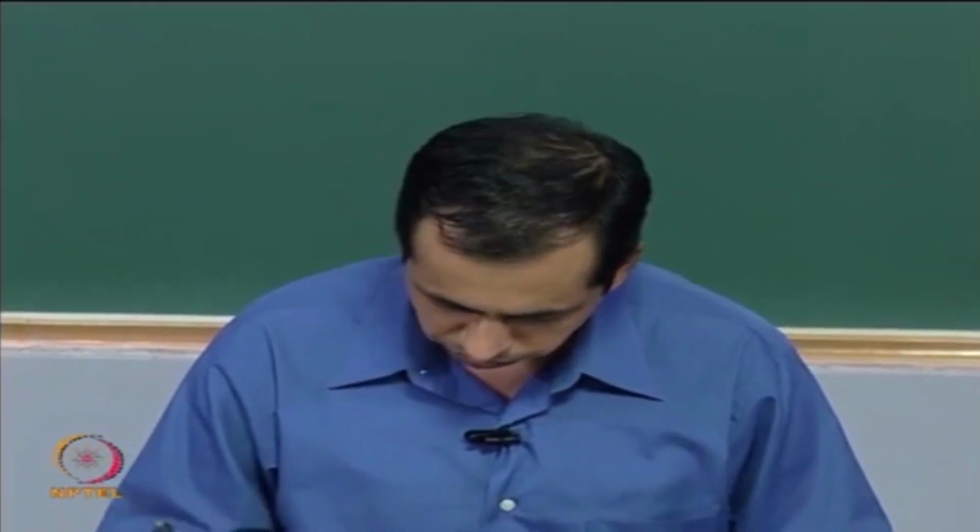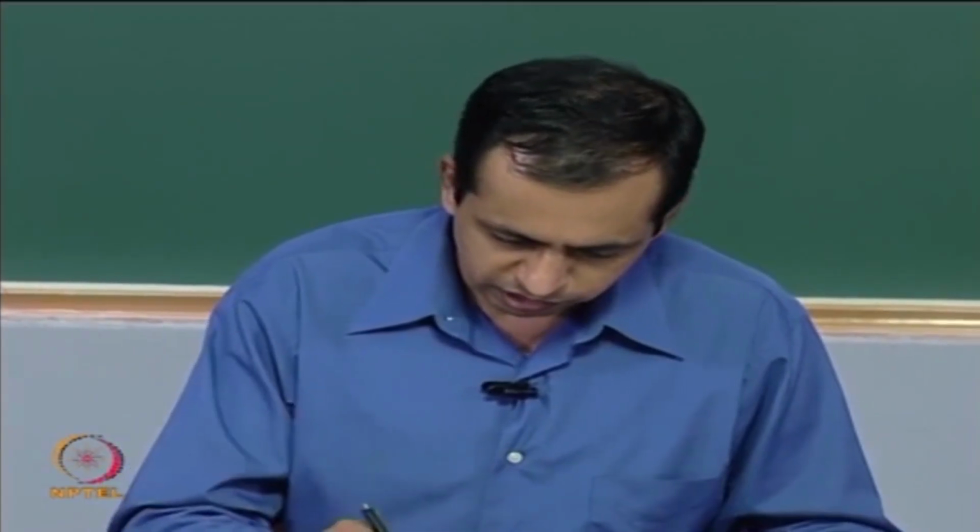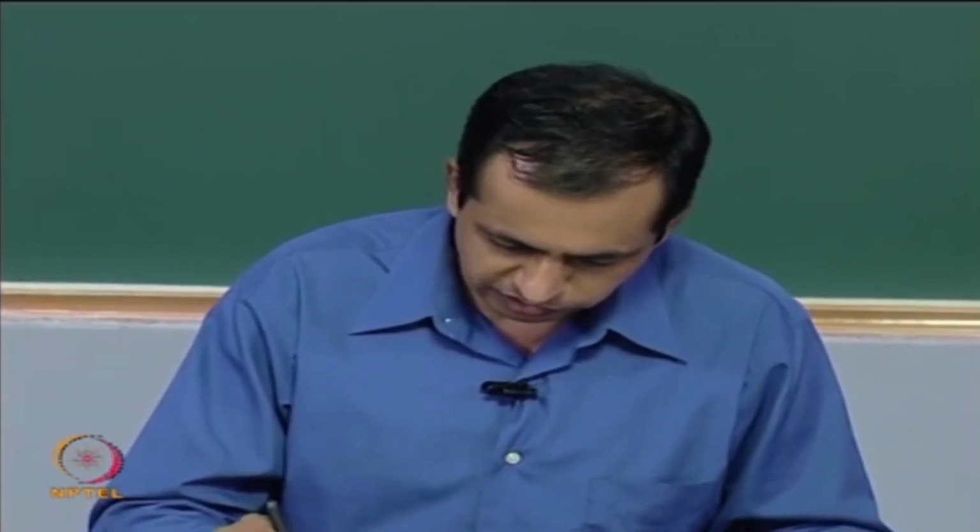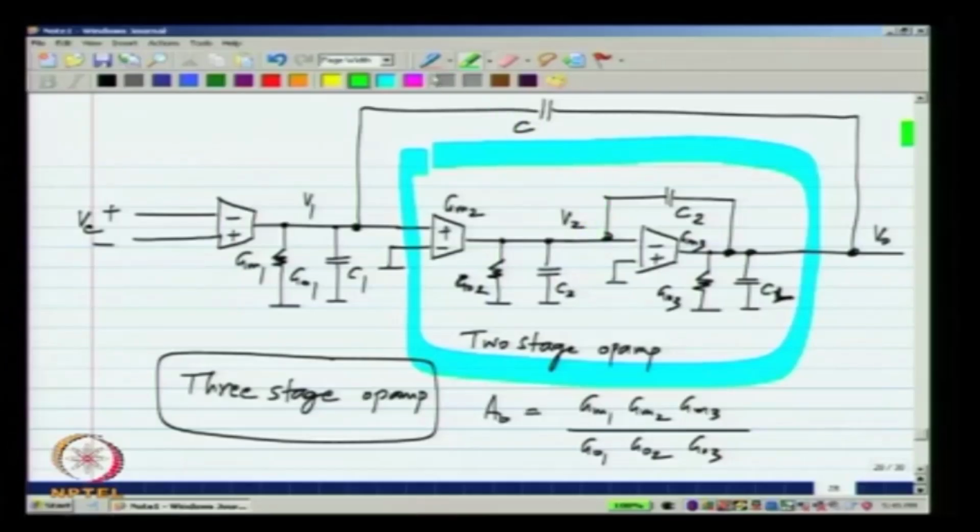So, that is how you design multiple stage op amps. By the way, this kind of a 2 stage op amp which has the C2, and we earlier described C2 as being Miller multiplied and loading the first stage, is known as a Miller compensated op amp.